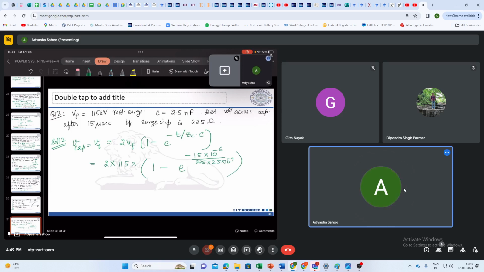e to the power minus of 15 into 10 to the power minus 6 divided by 225 into 2.5 into 10 to the power minus 9. So 1 minus the answer.